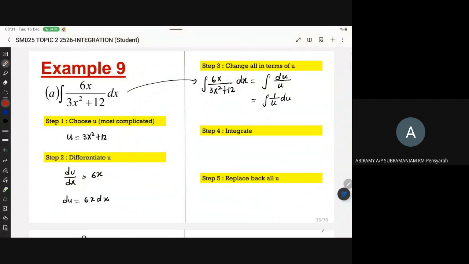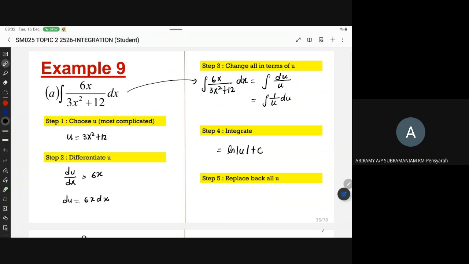We can't integrate a division of two terms term by term. Now what happens when we integrate 1 over u? Please be careful, this is a special case where u is to the power of 1. So u to the power of 1, we can't integrate by adding power. We need to use the formula: the integral of 1 over u gives us ln|u| plus c.